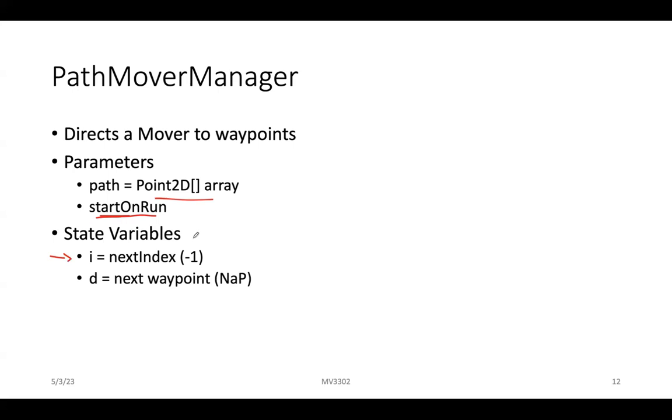For some reason I initialize it to -1 just to make sure that until you actually start doing this, you're going to get exceptions, and that's kind of baked in. And then the next waypoint is initially not a point.